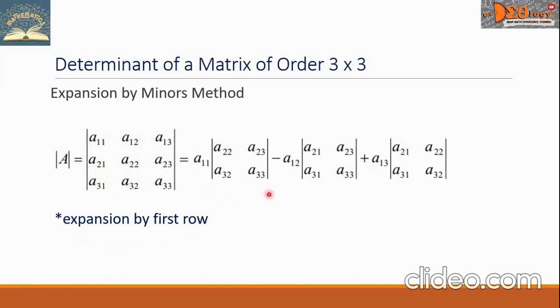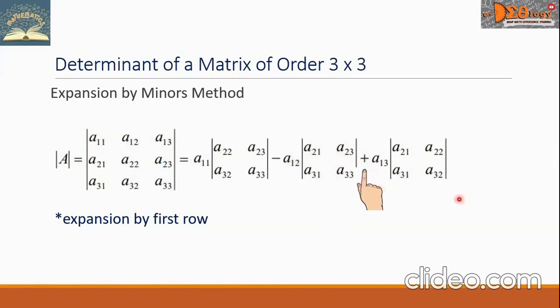In the first group here, we have this A sub 1 1 multiplied by the determinant of the square matrix with elements A sub 2 2, A sub 2 3, A sub 3 2, A sub 3 3, respectively. Then minus the second group is now A sub 1 2 multiplied by the determinant of the square matrix with elements A sub 2 1, A sub 2 3, A sub 3 1, A sub 3 3, respectively.